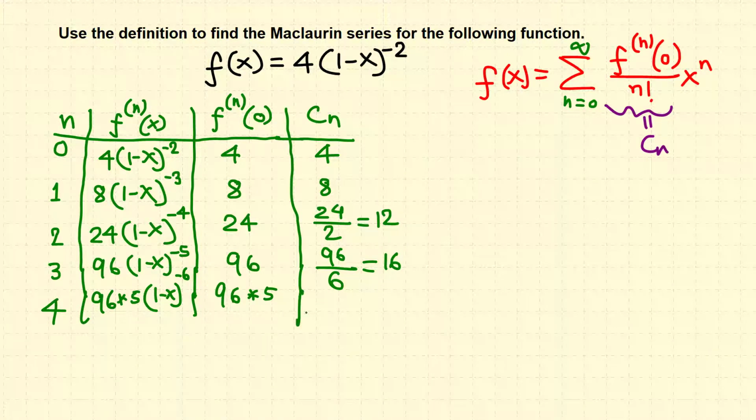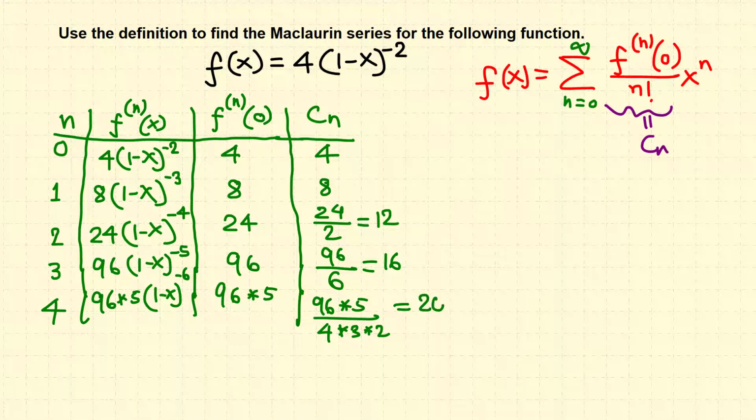Now we divide by 4 factorial. So 96 times 5 over 4 factorial, that is 4 times 3 times 2 times 1. And we simplify. So 4 times 3 is 12, times 2 is 24, over 4, so 20.